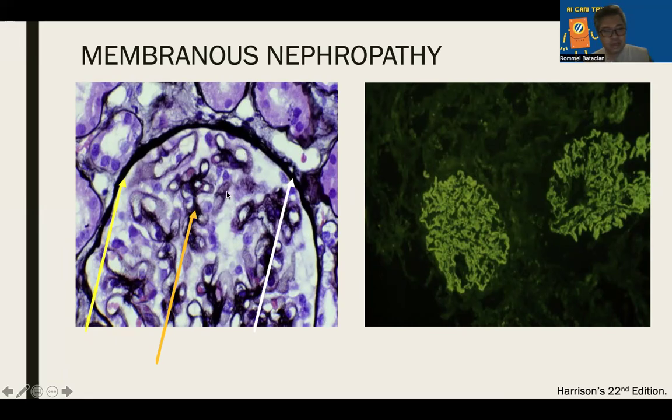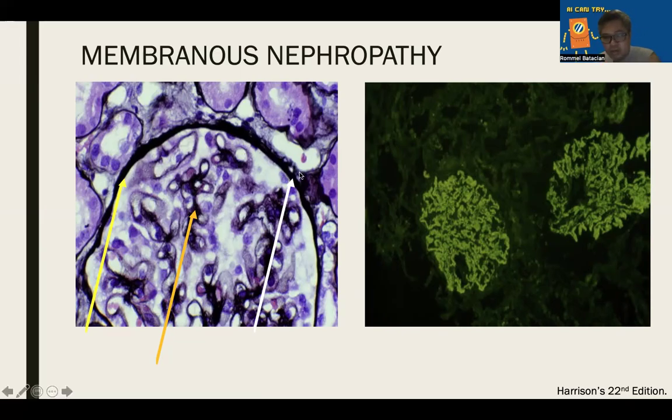So while there are still others na walang wall thickening, but there is capillary wall thickening in most of the areas. And then dun sa white, as you can see here, may mga parang whitish speckles or spaces here. So those are the deposits or the subepithelial deposits or spikes that you can see in this microscopy.